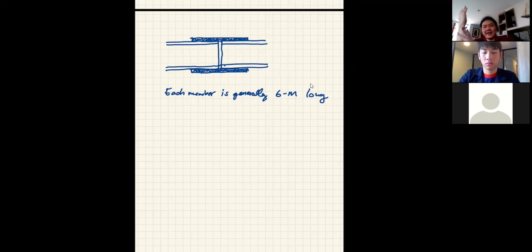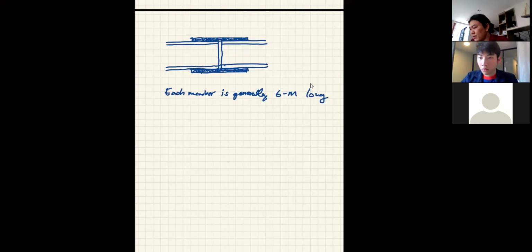So to try to connect in the area between this, it's very, very hard. So we deliberately leave this area without anything. So that means now you have the two flanges connected, but you don't connect the web. So this will fall into the category where you do not connect every element because you only connect the flanges, but not the web. So the shear lag is going to occur here.